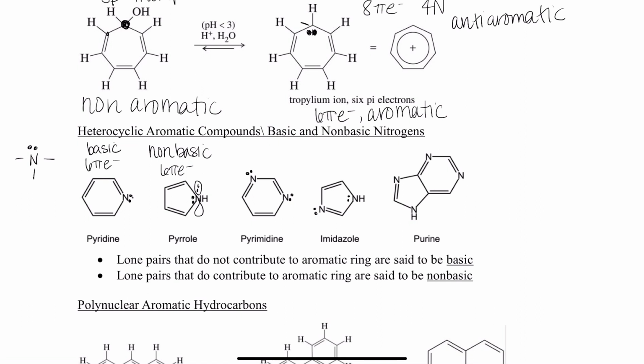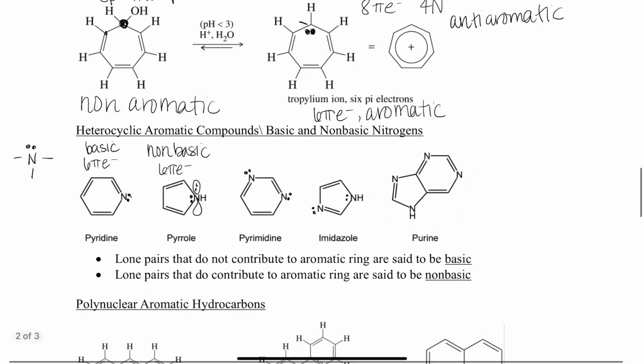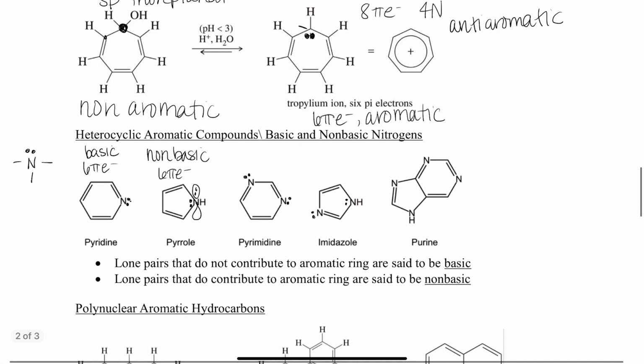And if we look at purine over here, now we have a larger fused heterocyclic compound. But this structure has 3 basic nitrogens. So make sure you're able to identify what is a basic and a non-basic nitrogen, knowing what to count as pi electrons and knowing what not to count as pi electrons.